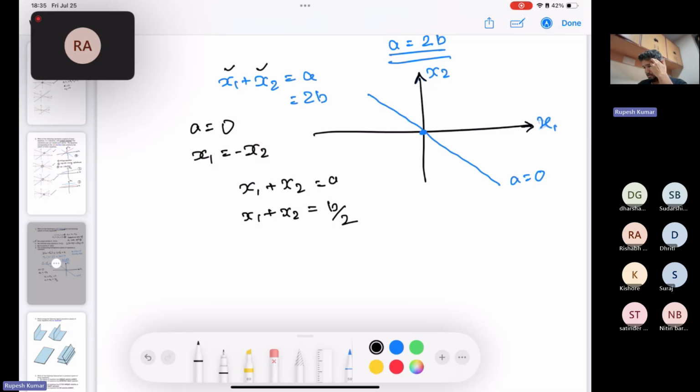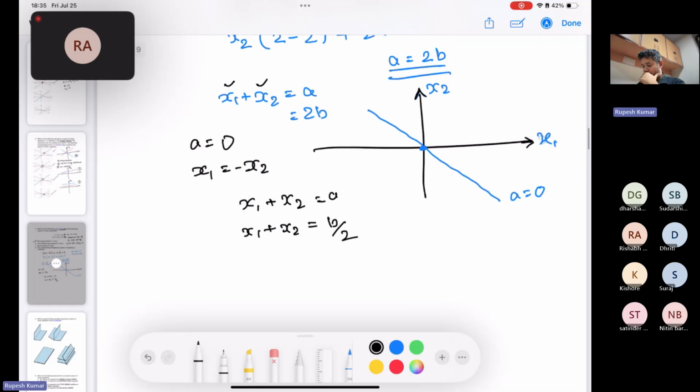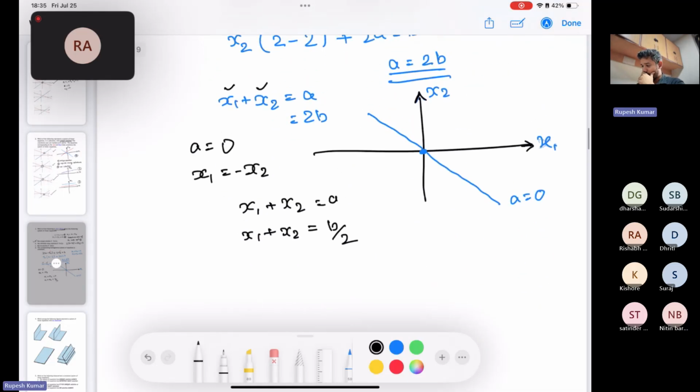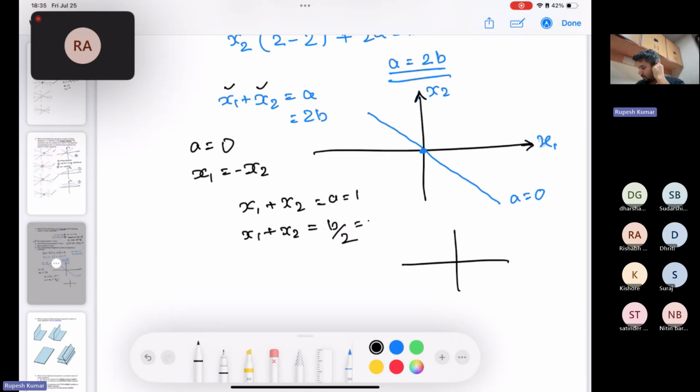Again, if a is 0 and b is 0, then it satisfies the criterion that b equals 2a, right? So let's see. If you choose a equals 1, let's say, and b not equal to 2a, let's choose b also equals 1.